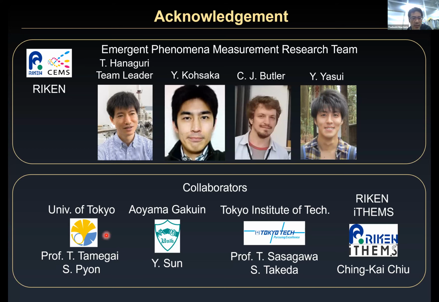And Professor Tamegai's group at the University of Tokyo, Dr. Sun at Yamagakuin University, and Professor Sasagawa's group at the Tokyo Institute of Technology provided the high quality single crystals of the selenium-doped iron telluride used in this work. And also Dr. Chinkei Chu, who is now at RIKEN, provided critical theoretical help in explaining our experimental results.